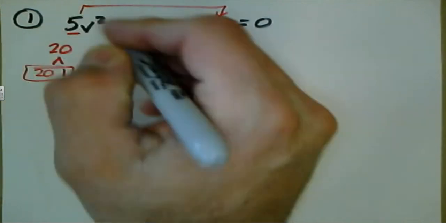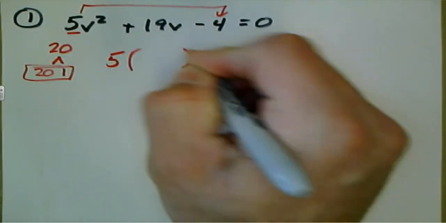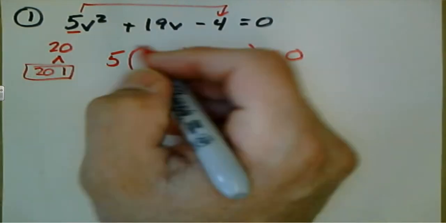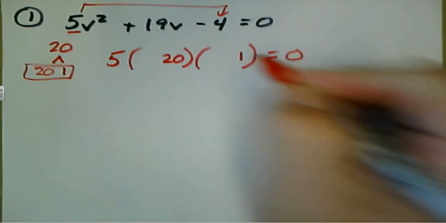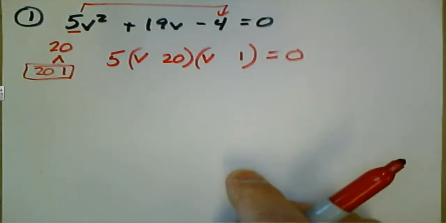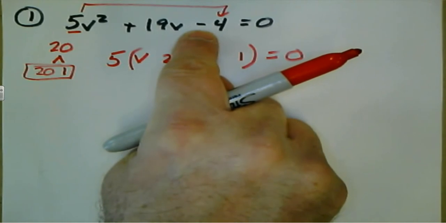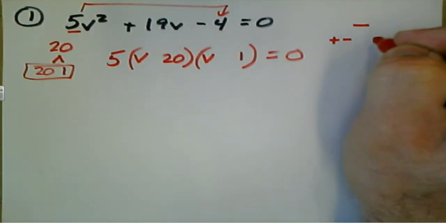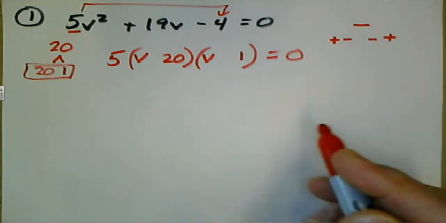So we bring down that 5, we put our parentheses, set it to 0, take our factors, put it in there, take our variable, put it in there. We look at the third term's value. It is a negative, therefore one has to be positive, one has to be negative in a particular order.